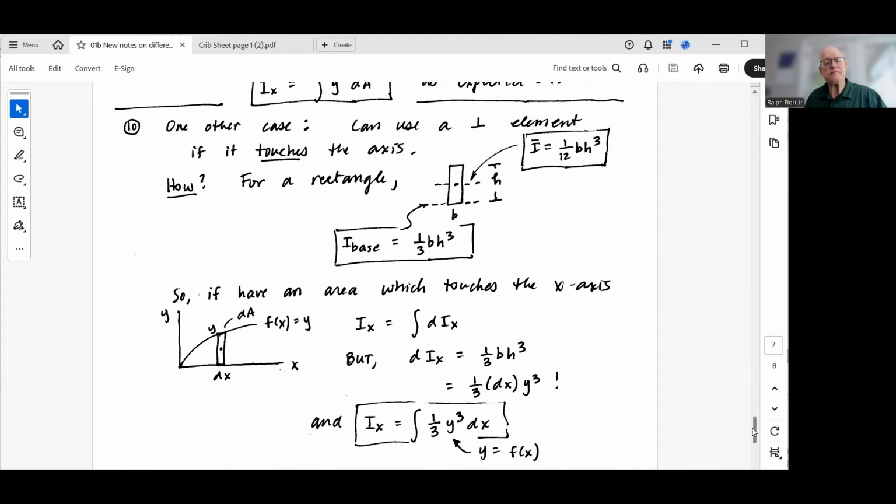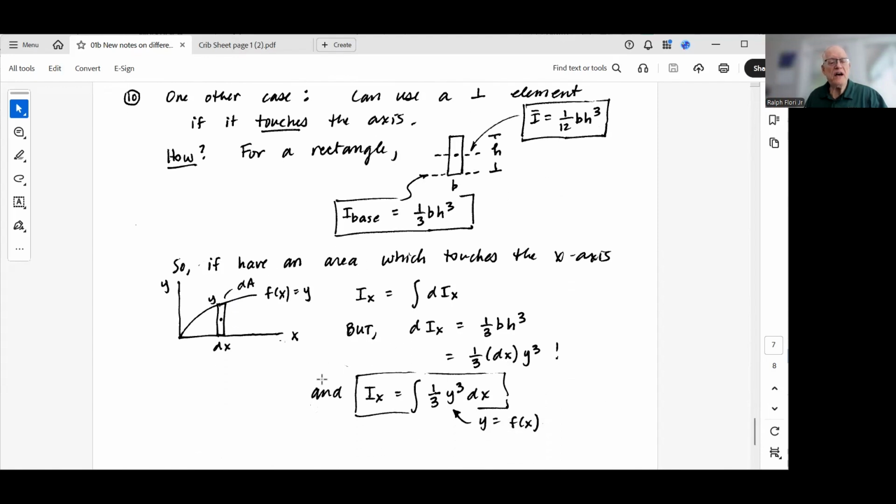And so if I have an area that touches the x-axis, and I choose an element that's perpendicular to the x-axis but touches the x-axis, I can write Ix is the integral of the dIx terms of the dA.